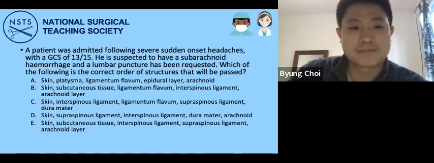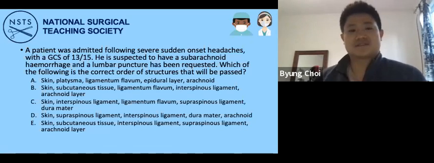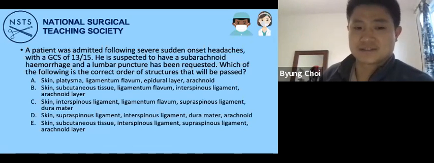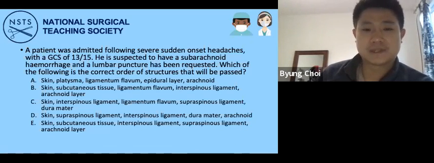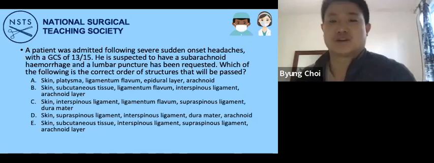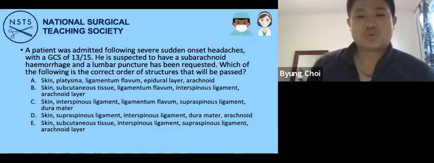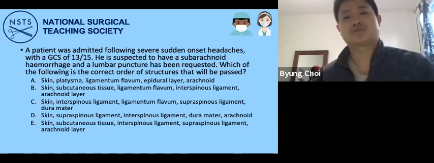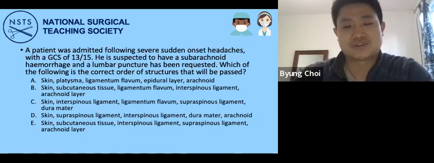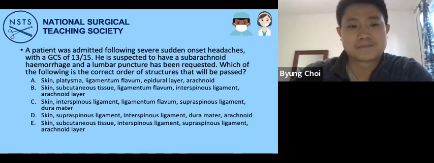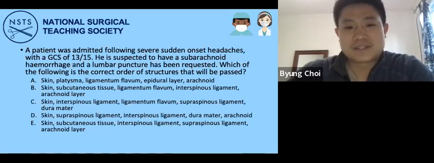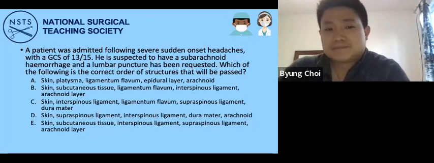Thank you. A patient is admitted with severe sudden onset of headaches, GCS of 13 out of 15. He's suspected to have a subarachnoid hemorrhage and a lumbar puncture has been requested. Which of the following is the correct order of structures that will be passed through by the needle? A, skin, platysma, ligamentum flavum, epidural layer, arachnoid layer.